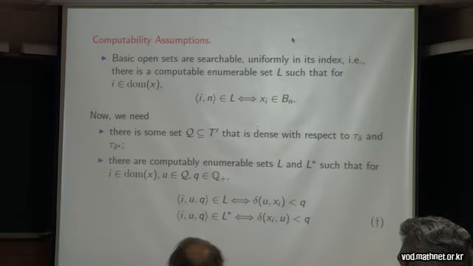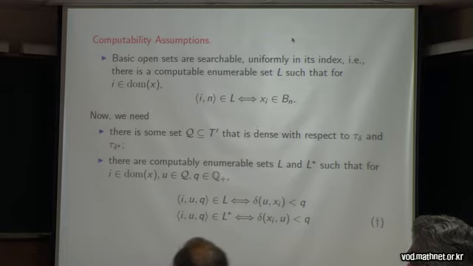In order to be able to do this, we need some computability assumptions. As I said, the general philosophy is that basic open sets are searchable. That means we want an assumption which does not give a new or much different procedure for different points, but it should be uniformly searchable.